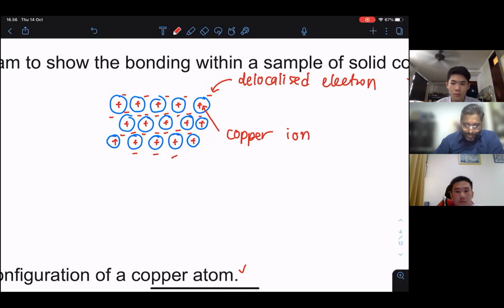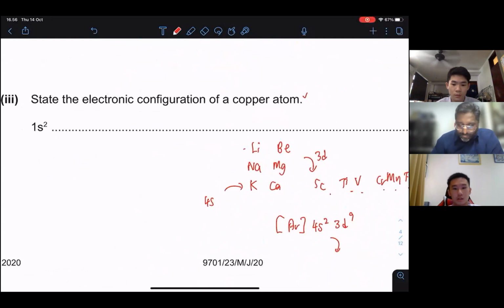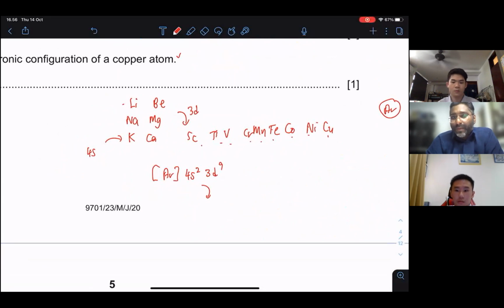The next one, electronic configuration of a copper atom. For this question, it's always better if you know how to read the electronic configuration using your data booklet, using your periodic table. Roughly, I took a certain portion of the periodic table over here.